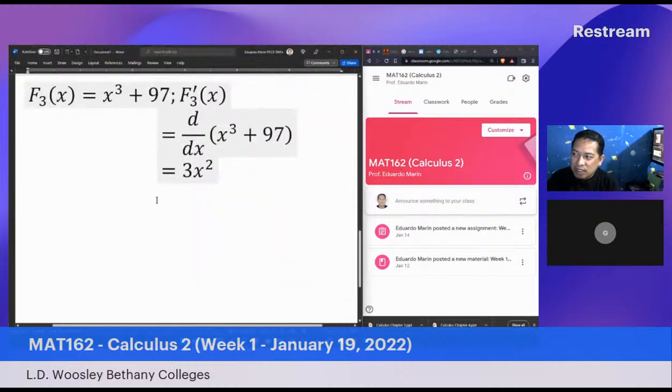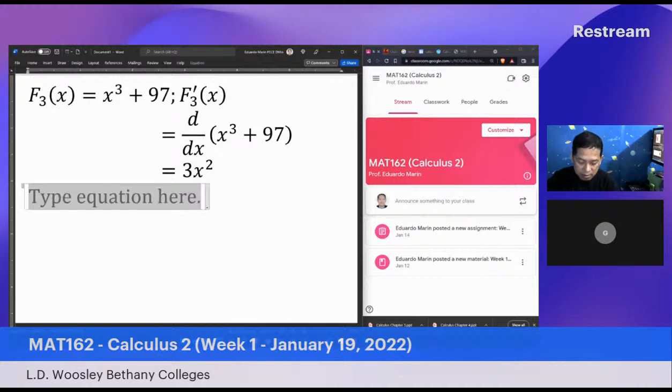So we could generalize this such that the integral of f of x dx would be equal to the antiderivative F plus C.